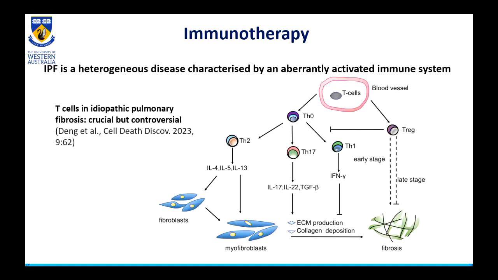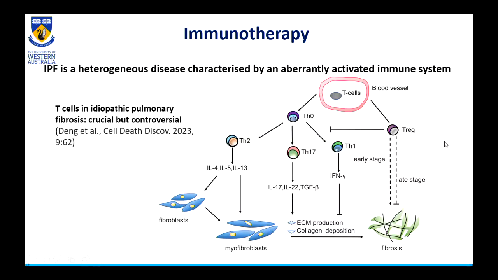And we know that T cells, of course, are really, really important in fibrosis. A number of these T cells, particularly Th17 cells, are closely associated with fibrosis. Th17 leads to extracellular matrix production. You've got Th2 cells, which are important for fibroblast proliferation and differentiation of myofibroblasts.